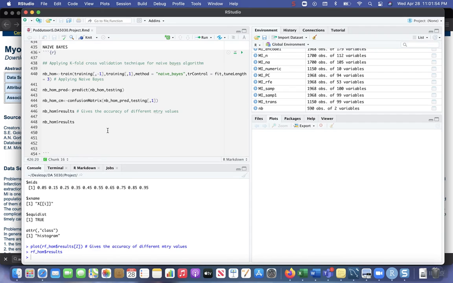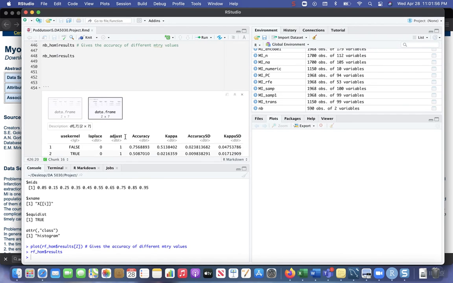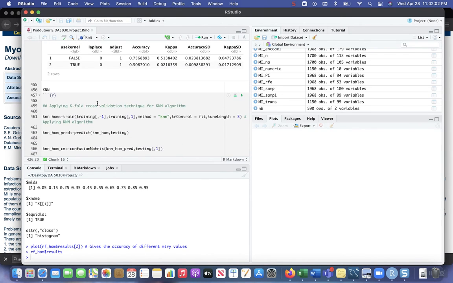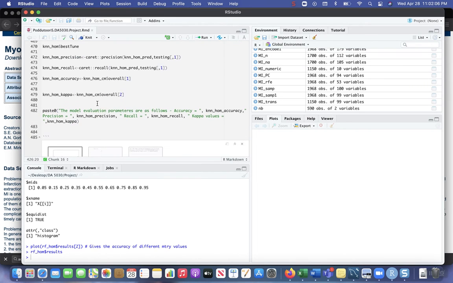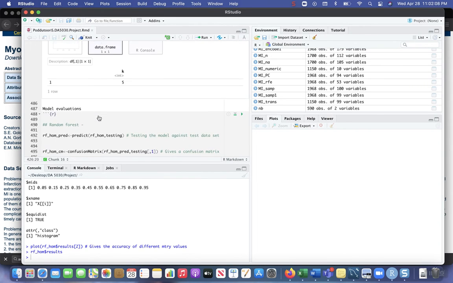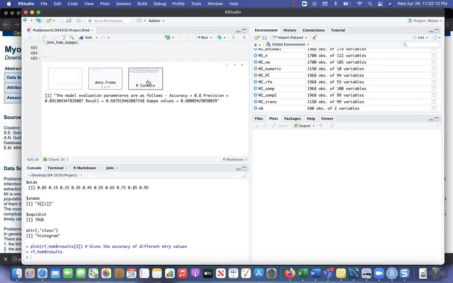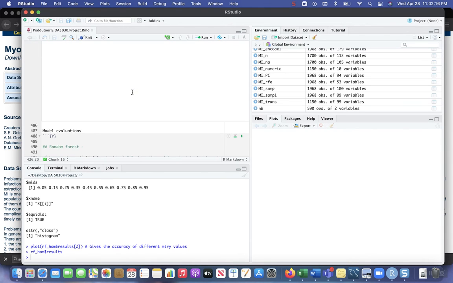It gives me a bit lesser accuracy, about 75%, but I think that works well, and the same with the KNN. KNN performed well as well. The best K value was apparently 5, and the accuracy is almost 80%.